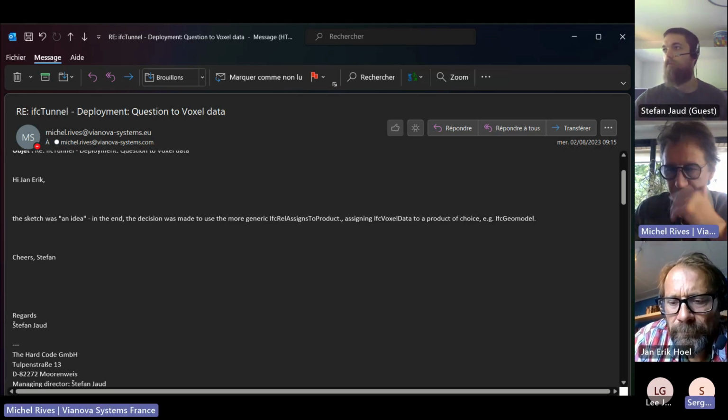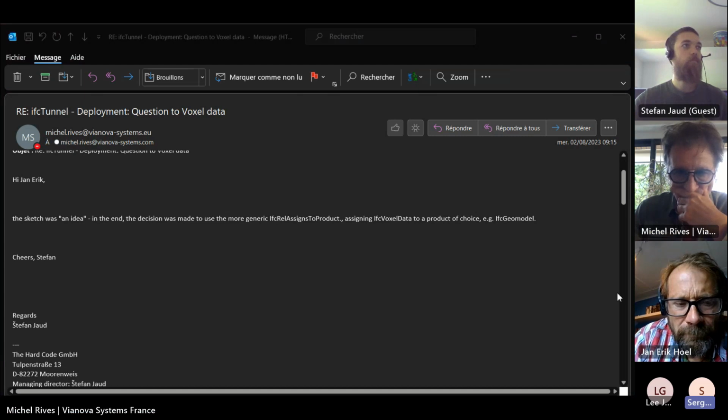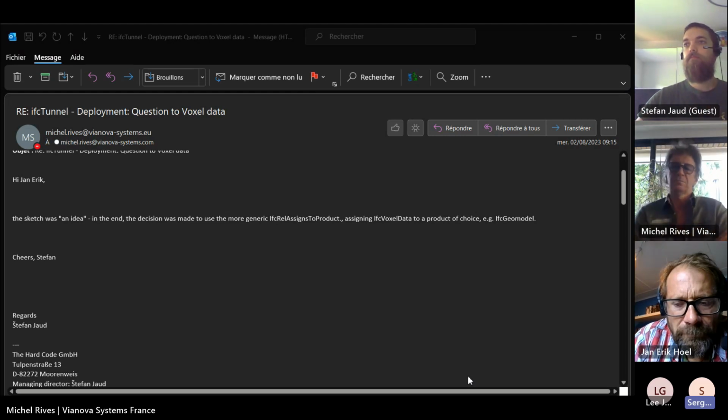But the general notion, like Stefan explained, is you just have two objects that are navigable in an IFC file, meaning that they are children of IFC root. One is the actual object, something like terrain, and the other one is the data that is attached to this model via rel assigns to product.